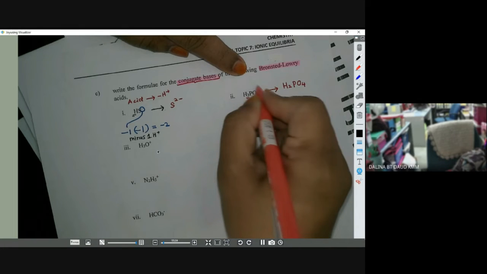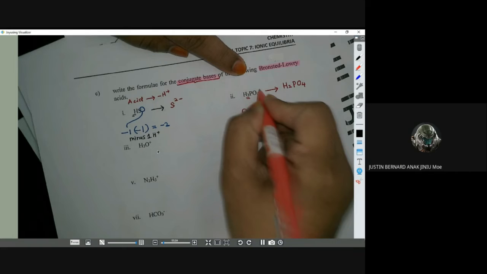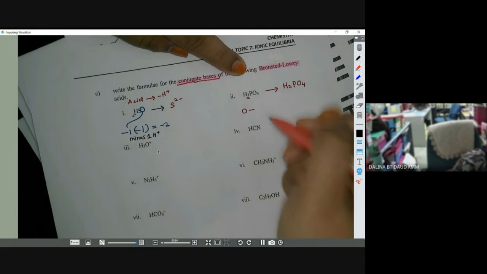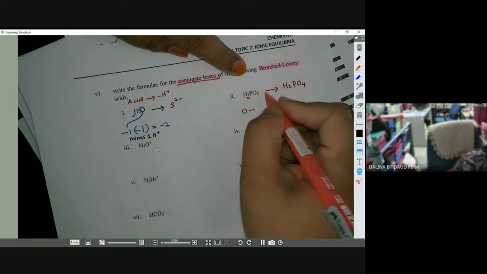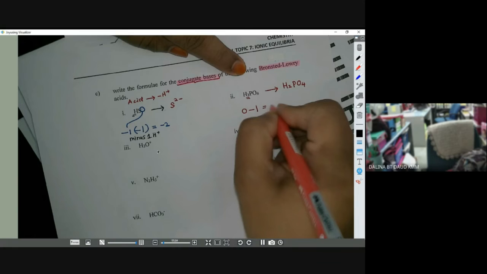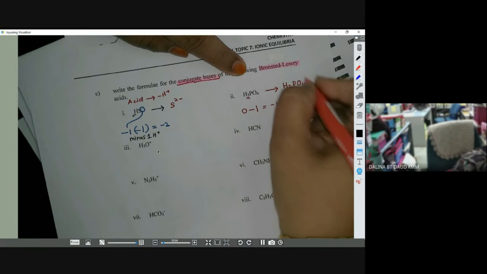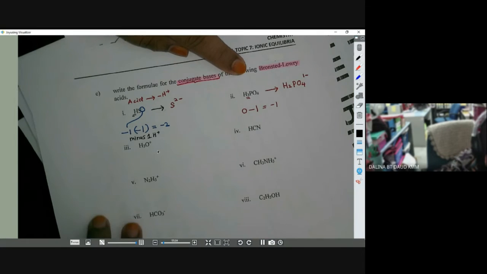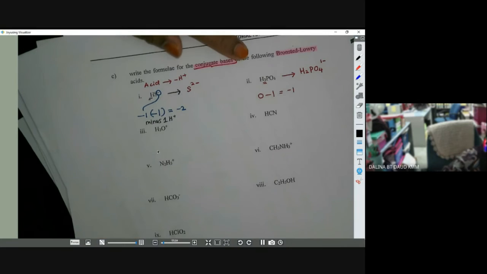There's no charge. Neutral charge. -1. Sebab ini adalah acid. So equal to -1. So when you write down, please make sure you write the number first, follow the sign. Bila you nak tulis in terms of formula, you mesti tulis number dulu followed by sign.